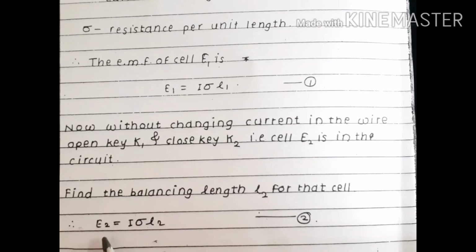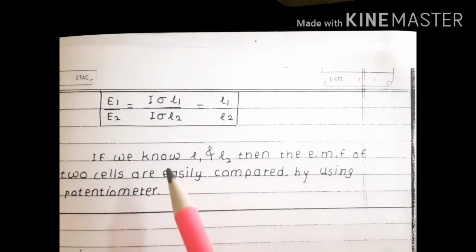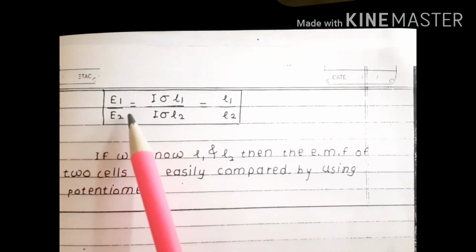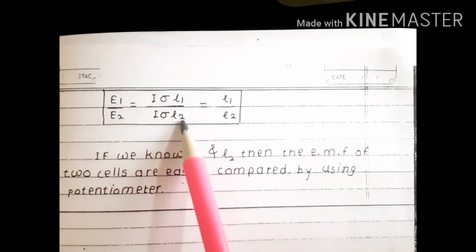And therefore we are able to write that E2 is equal to I sigma L2. This is equation number 2. L2 is the balancing length for the other cell whose EMF is E2. Here E2 is equal to I sigma L2. This is the equation of EMF of the second cell in terms of resistance per unit length. By dividing equation 1 by 2, E1 divided by E2 is equal to I sigma L1 divided by I sigma L2.